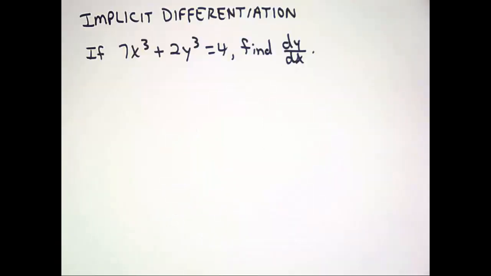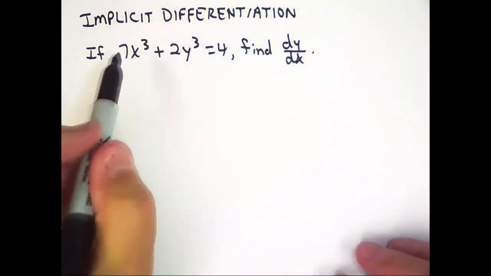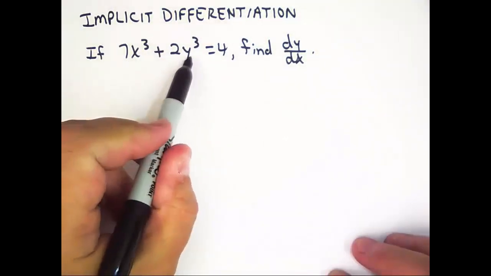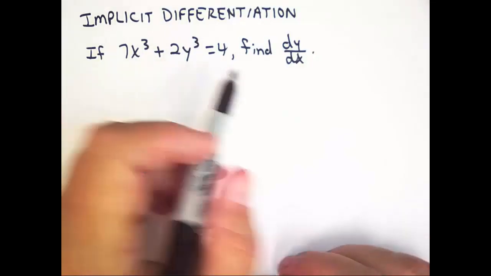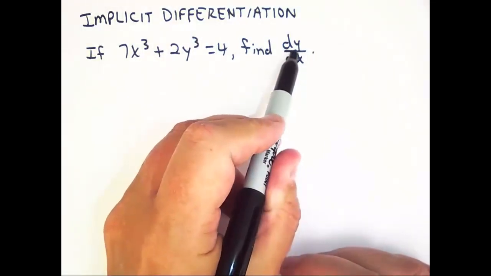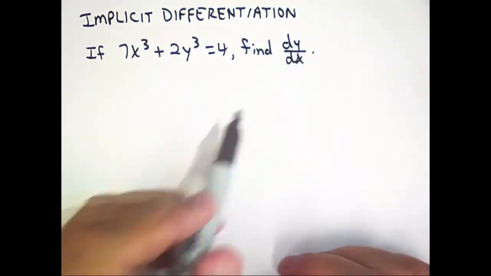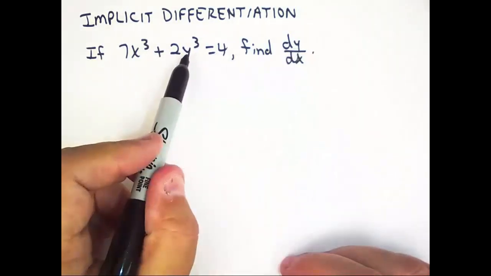Let's solve some implicit differentiation problems. First of all, we have this one. 7x cubed plus 2y cubed equals 4. And we want to find the derivative of y with respect to x. That means we're thinking of y as a function of x.